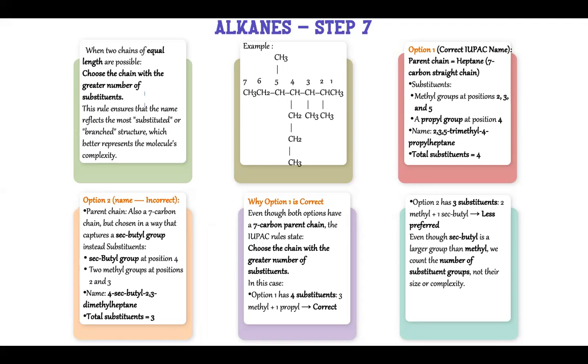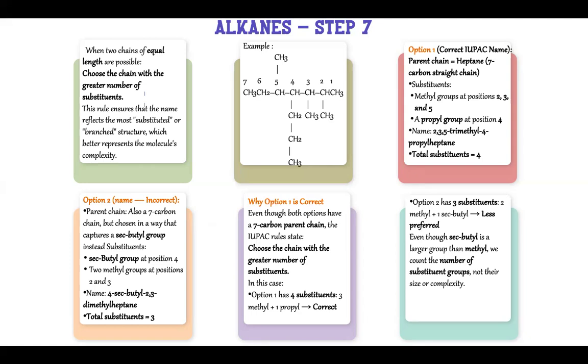This is the example. Option 1 shows the correct IUPAC name, and option 2 shows the incorrect name. And we have the reason why option 1 is correct and why option 2 is incorrect.